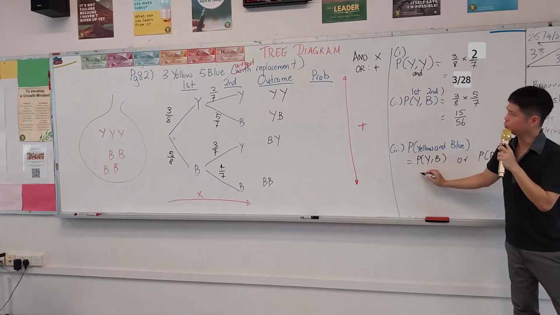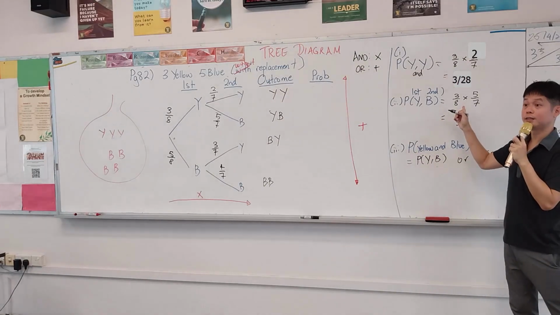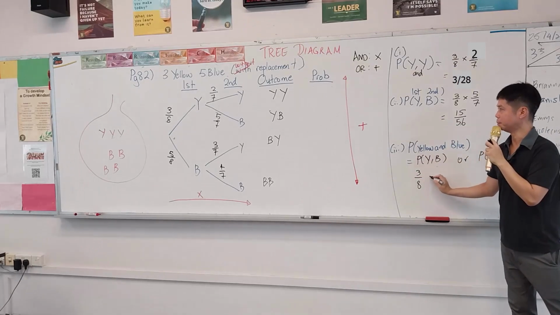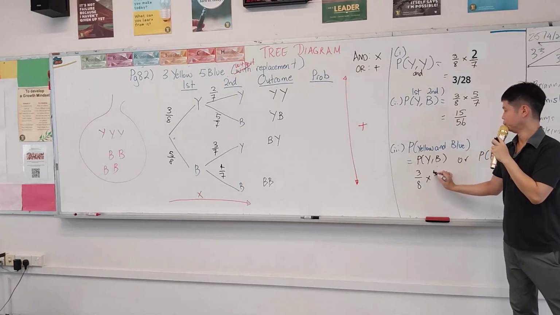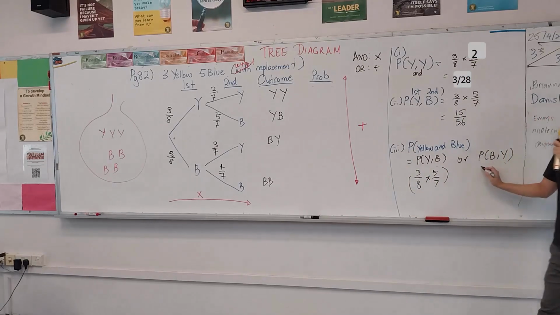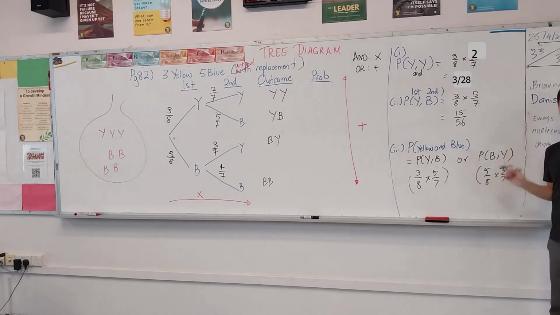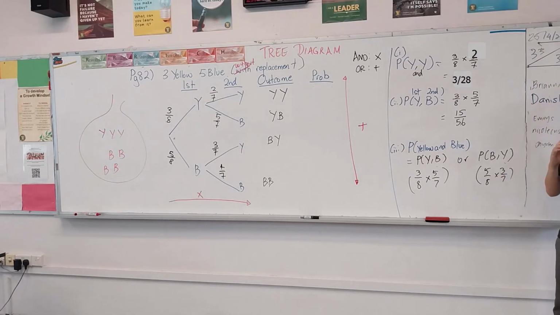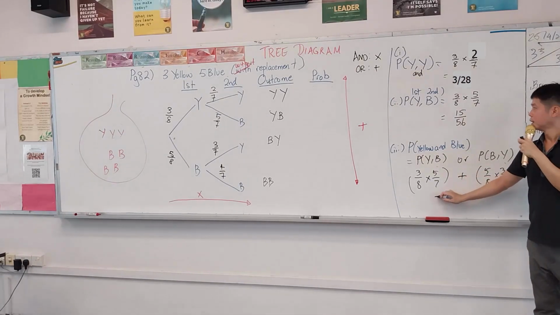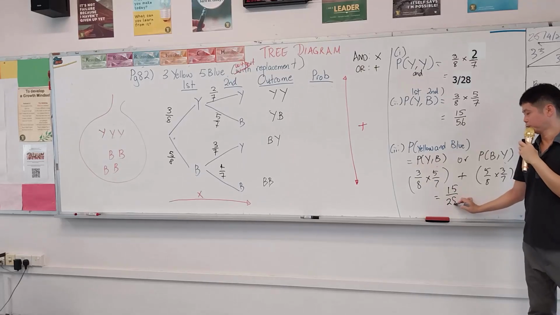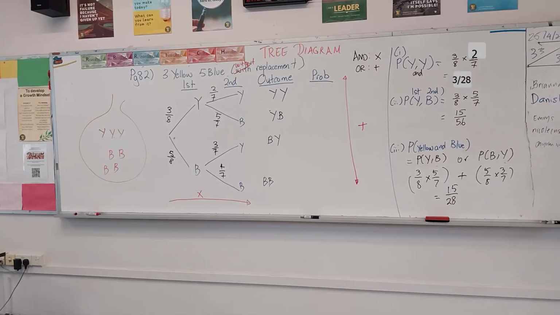Yes, I know I did yellow-blue just now already, so I'm just going to do it again, just to let you see the times and plus. What about blue-yellow? 5/8 times 3/7. I want this one or this one. I'm moving vertically, so I plus, and the answer is 15/28.